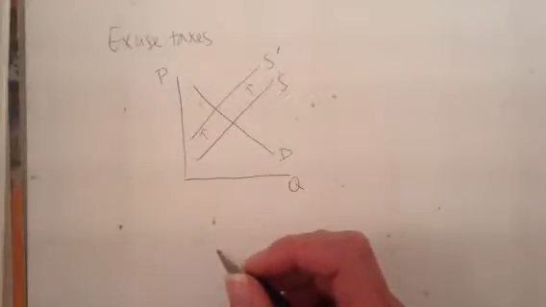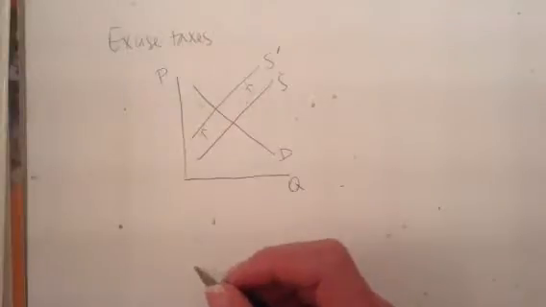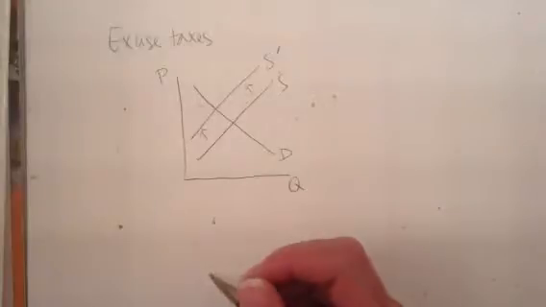The suppliers will most likely be paying it logistically, but they won't be paying the full cost of the tax, and that's what the concept of tax incidence refers to. Basically, tax incidence is studying who really bears the burden of the tax.